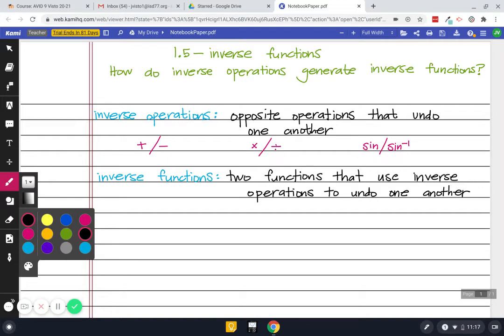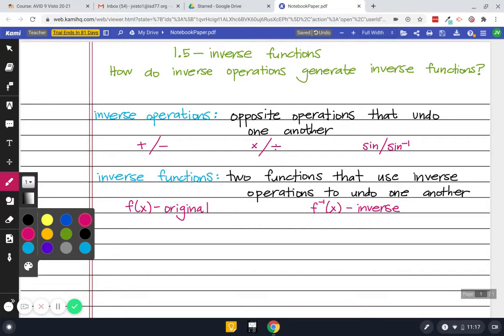Okay. The notation we use is if our original function is f of x, the inverse function gets that little -1, kind of like in sine up there, that little -1 to show that's the inverse.